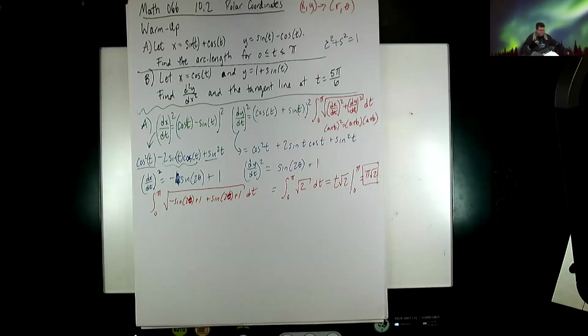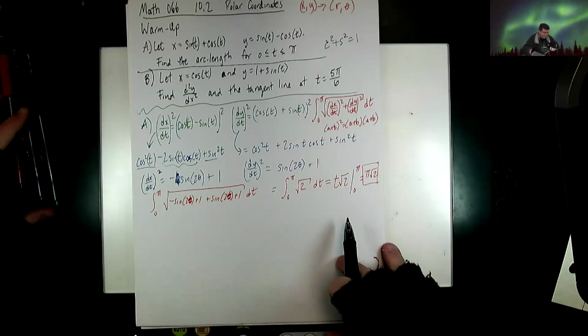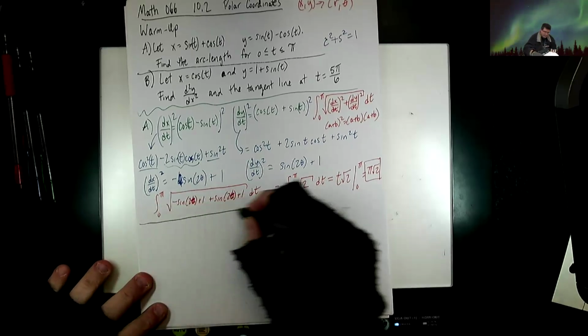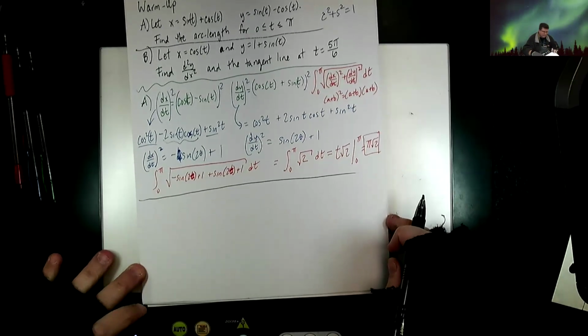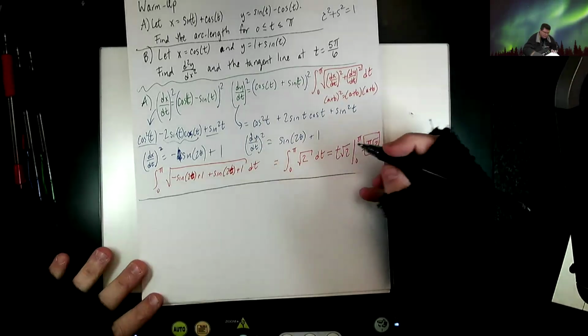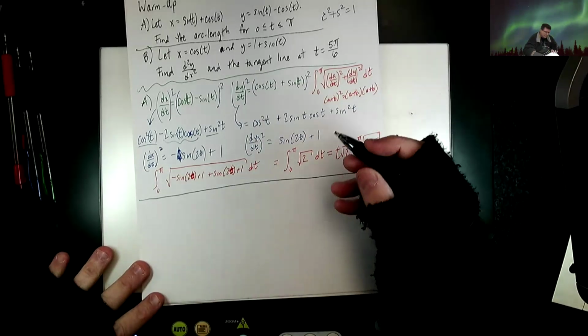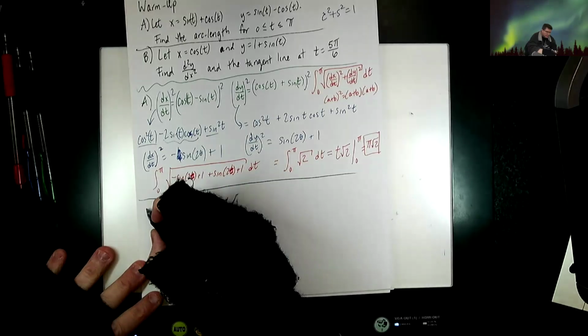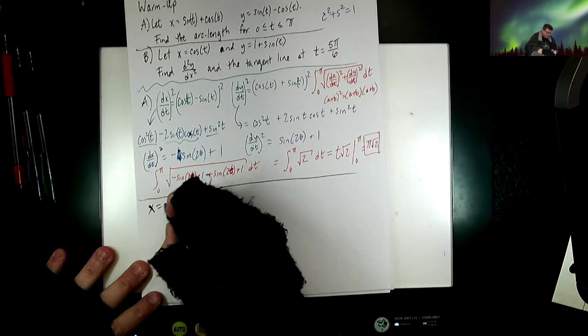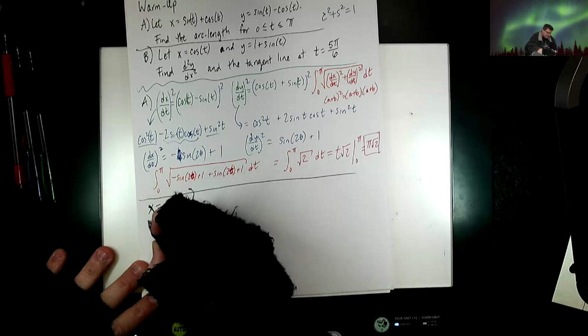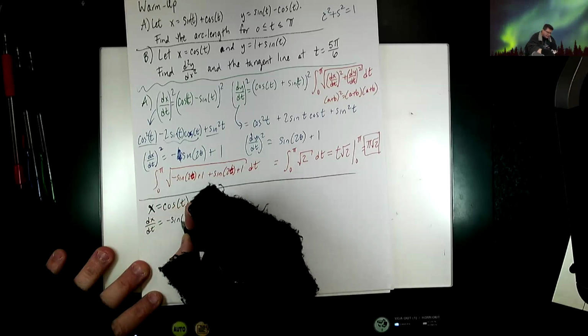All right, what about B? So x equals cosine t, so dx dt is negative sine t.